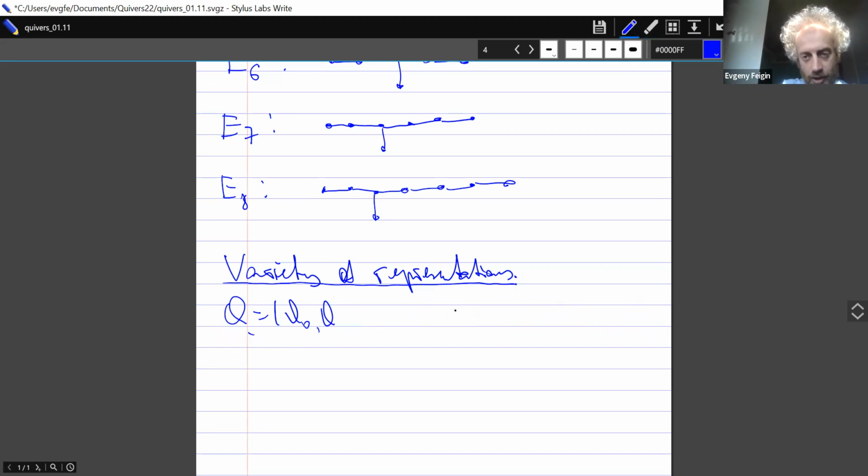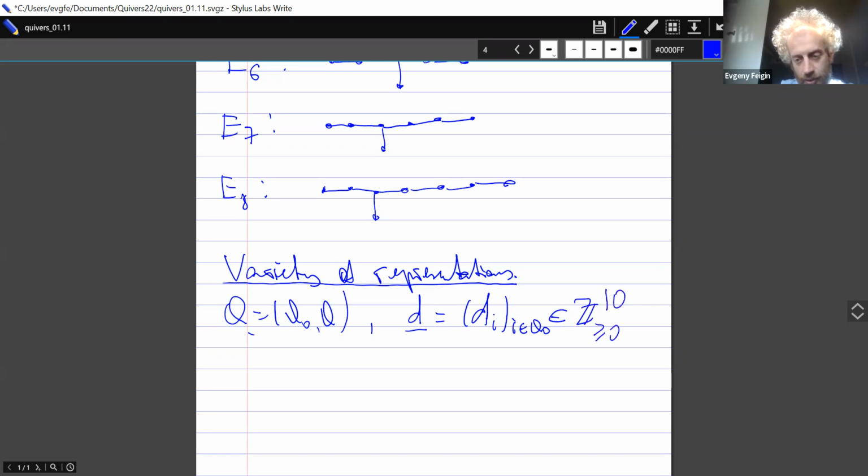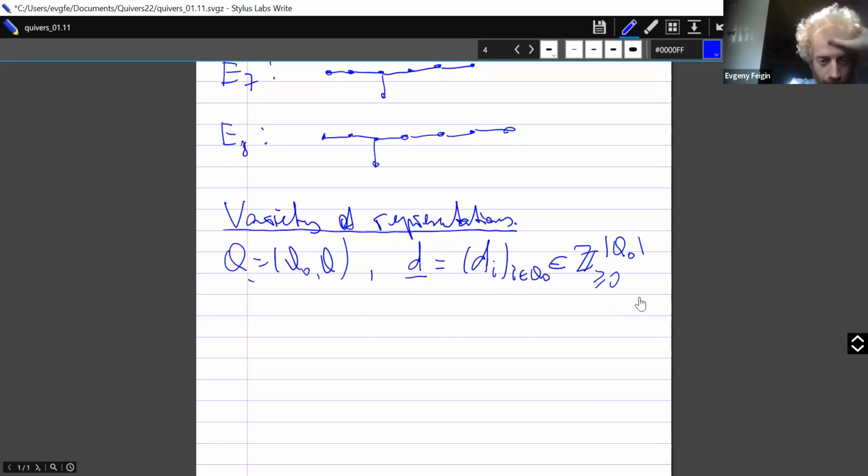Let's give the definition in the very general setup. Let us just fix d to be a dimension vector. So this is a vector in Z greater or equal to 0 to the power Q0. So for each vertex, we are given a number d_i. And then we consider, by definition, E_d.